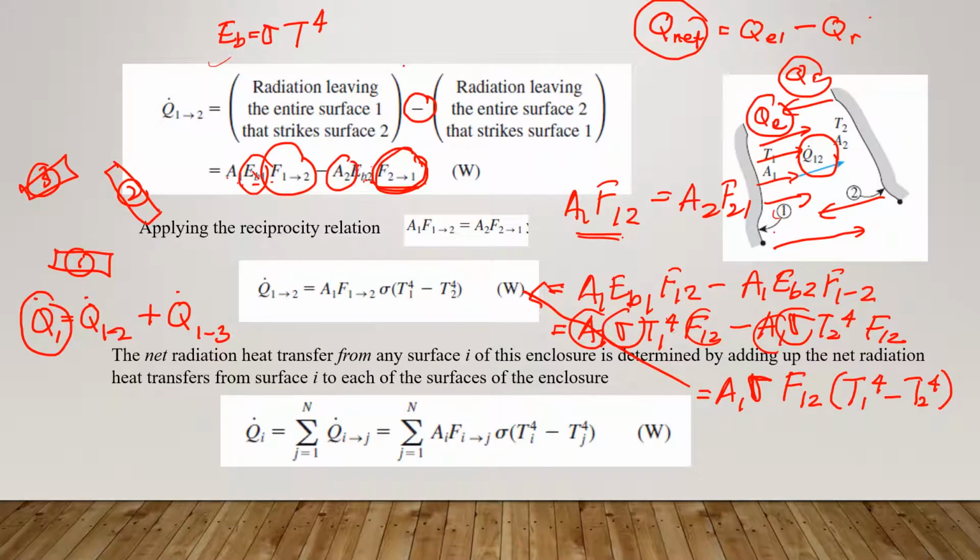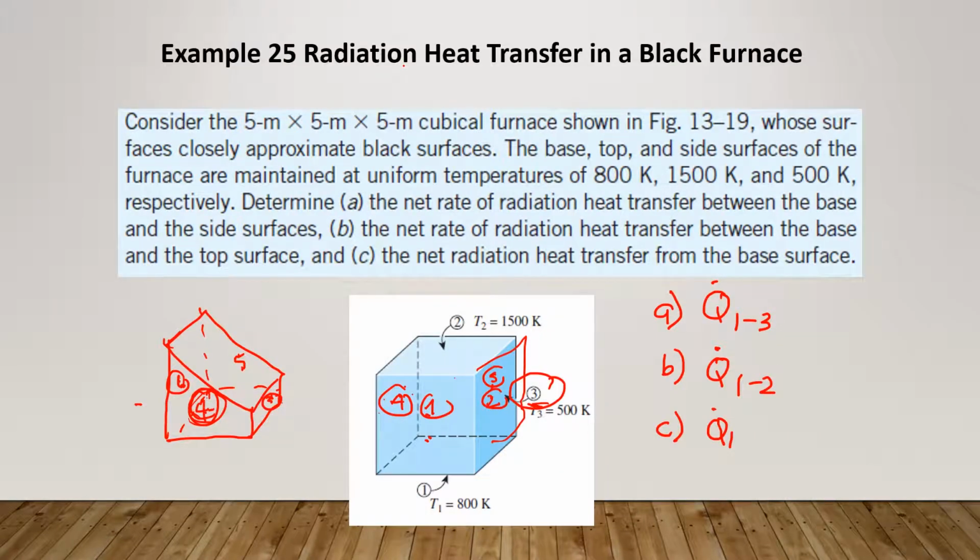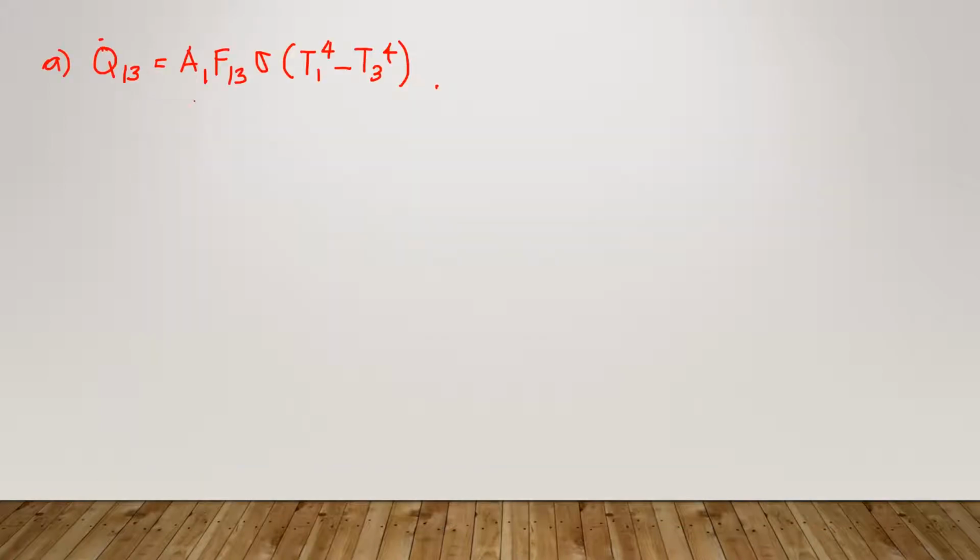In order for us to find Q dot 1 to 3, it is equal to A1 F1 to 3 Stefan-Boltzmann constant times T1 to the power of 4 minus T3 to the power of 4. Please refer to my explanation on this slide. Why did I write down this kind of equation? How do I get this?